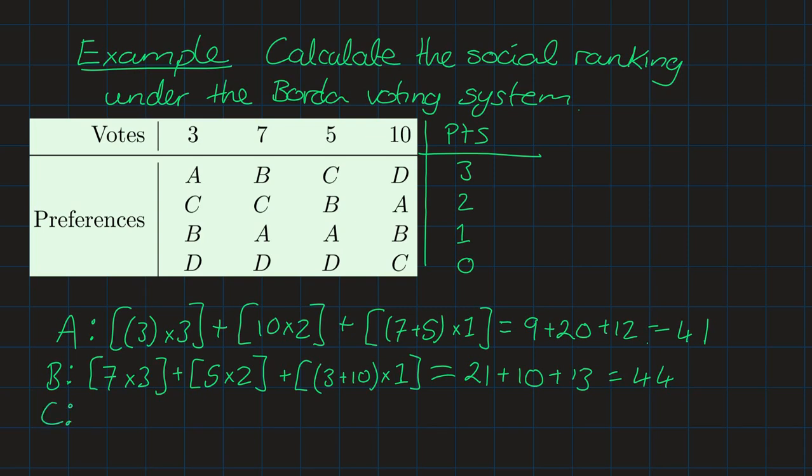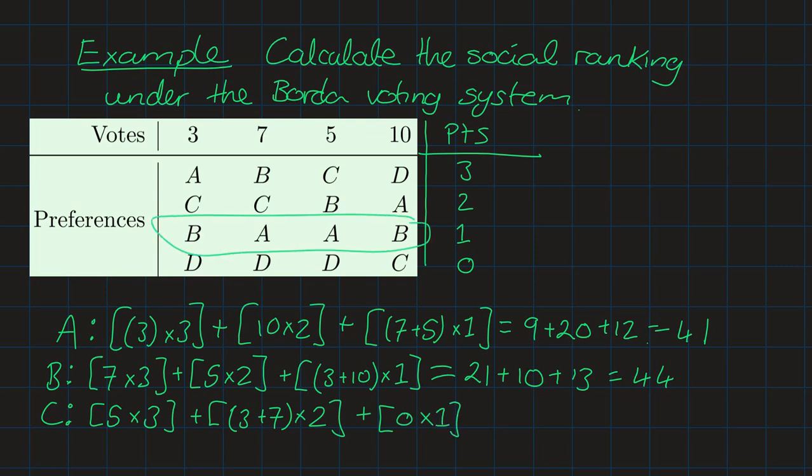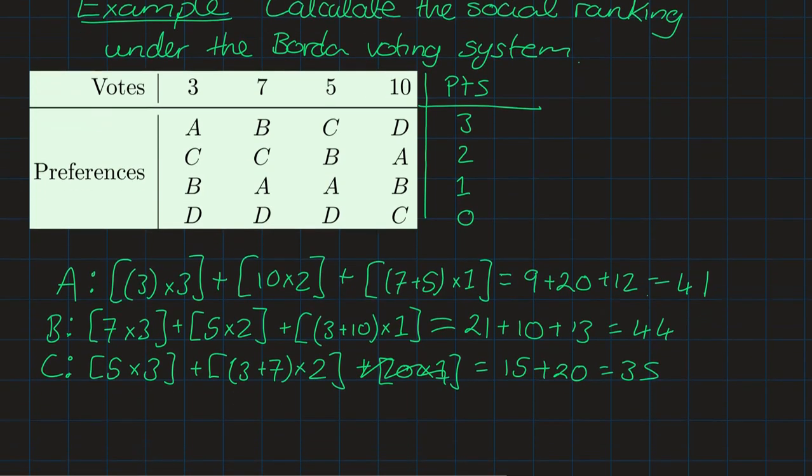C got 5 times 3 plus 3 plus 7 times 2, plus 0 times 1. There's no C in this row, so you don't even need to include this last term. So what is this? This is 15 plus 20, which is 35.